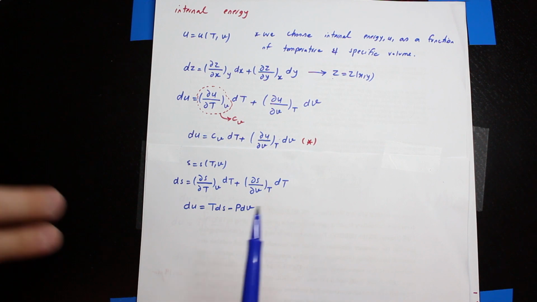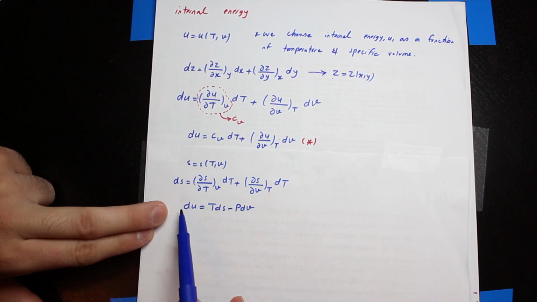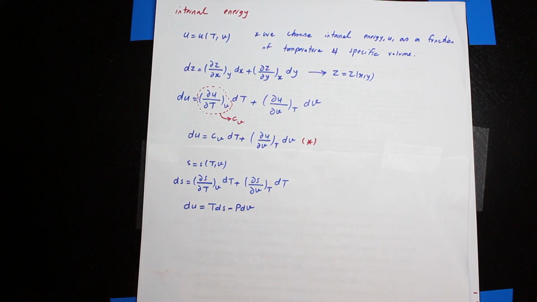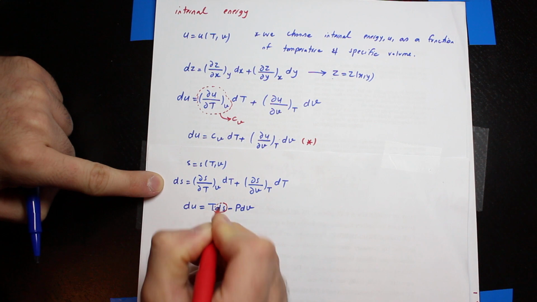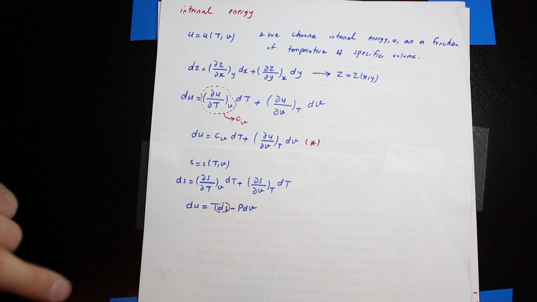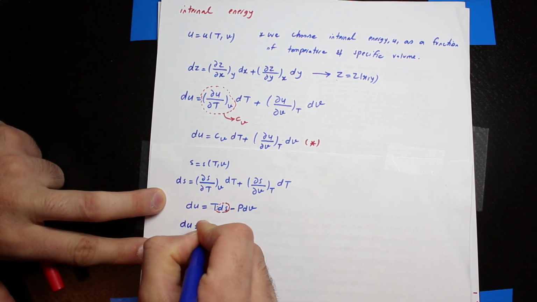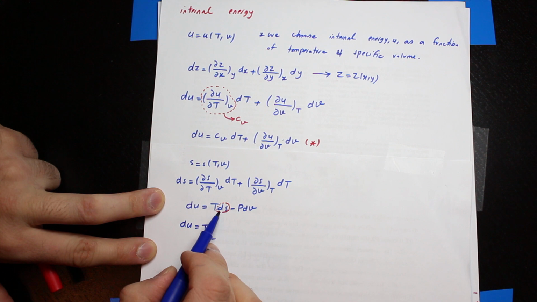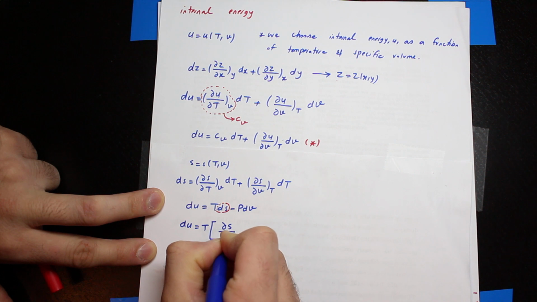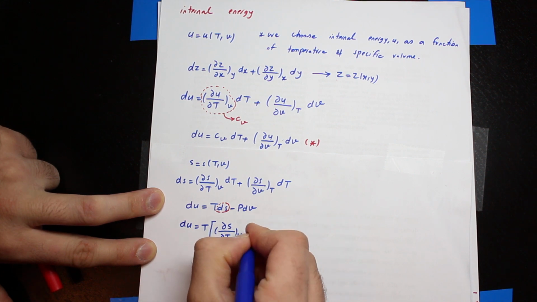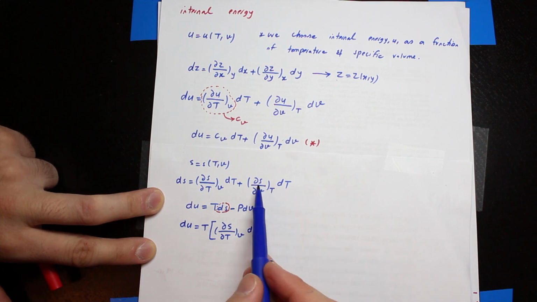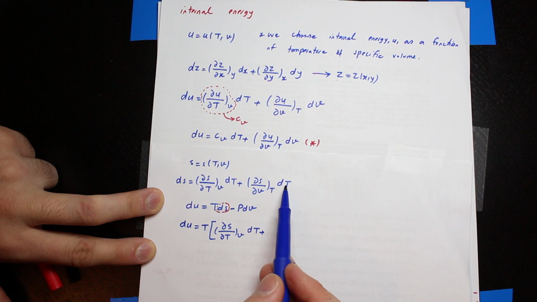Now I'm going to combine this equation for dU with this equation. The ds in this equation is going to be replaced with the right hand side of the other equation. So my dU is going to be T times, instead of ds, partial s partial T when volume is constant dT, plus partial s partial v when temperature is constant multiplied by dv.